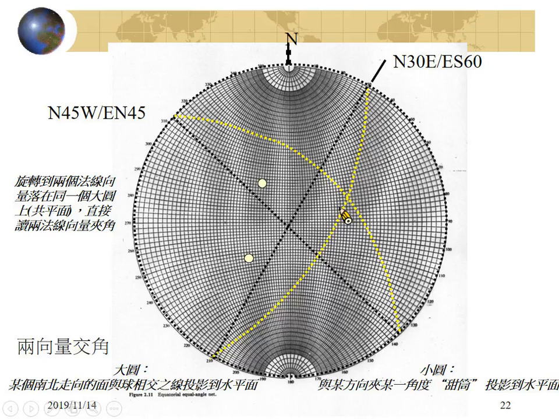So you have two planes, and you can get two normals.